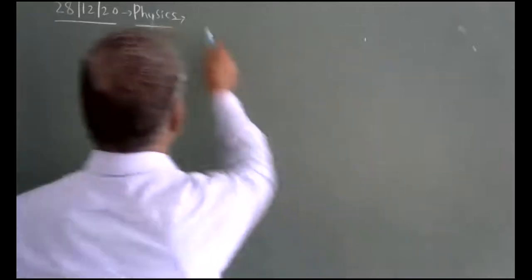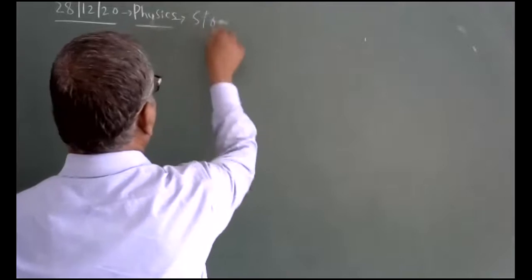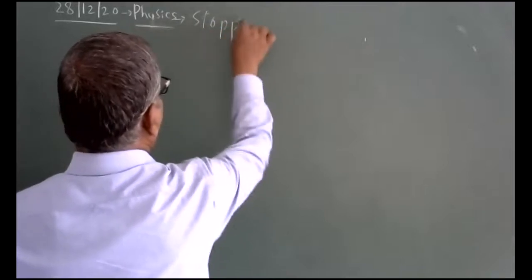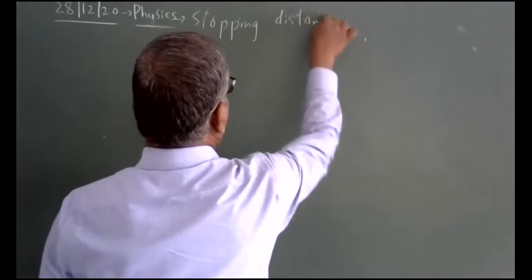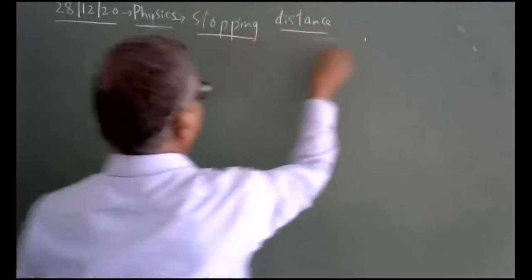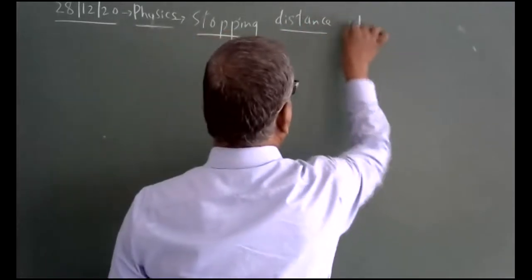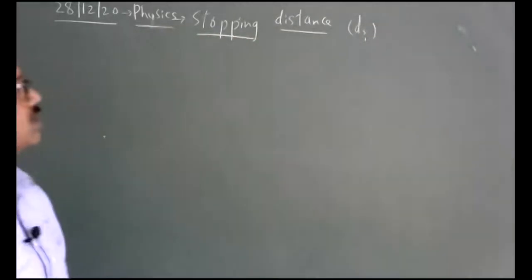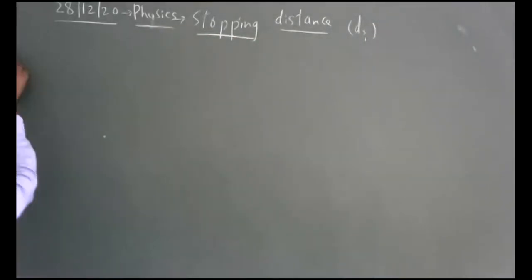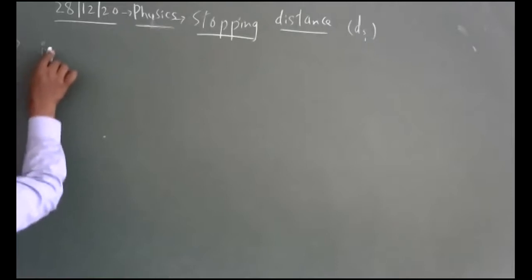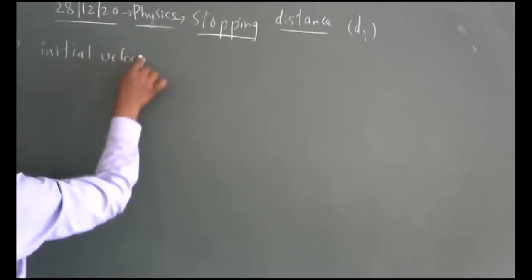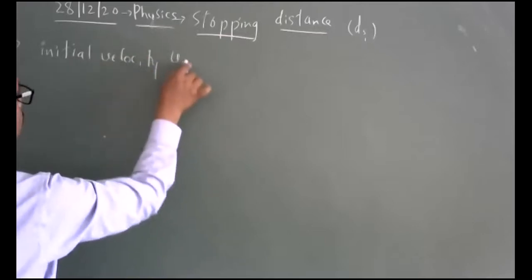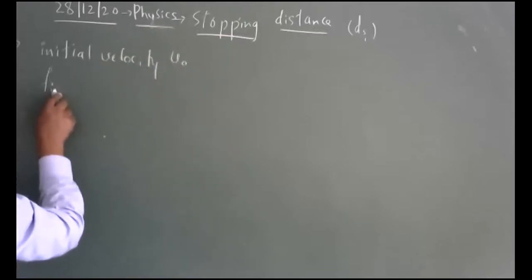Let me write it: stopping distance. We write the notation D subscript S, that is called stopping distance. Now take for example, initial velocity is V0.